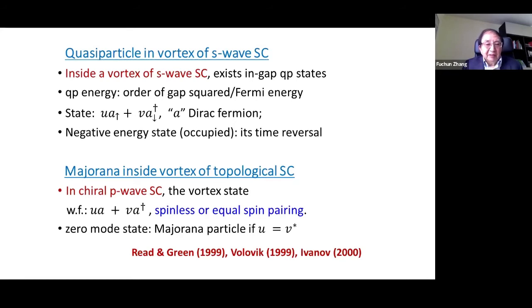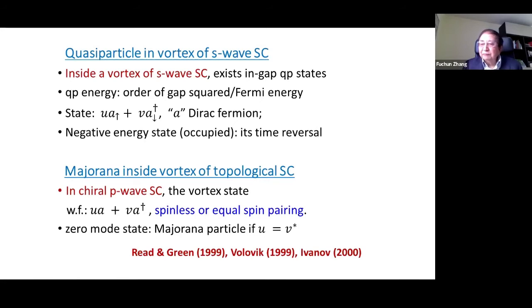And in a chiral P wave superconductor, the vortex state actually, a cut-off chain is one dimension. In 2 dimensions, I have a possible chiral P wave superconductor, but the experimental confirmation is a big question.